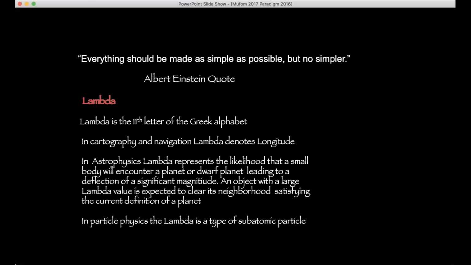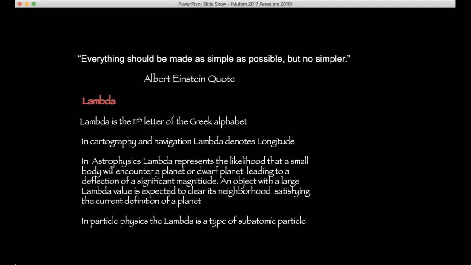I've got a couple of little notes in here. Albert Einstein once said, everything should be made as simple as possible, but no simpler. Lambda is the 11th letter of the Greek alphabet. Also in cartography and navigation, lambda denotes longitude. And in astrophysics, the lambda represents the likelihood that a small body will encounter a planet or dwarf planet, leading to a deflection of a significant magnitude.